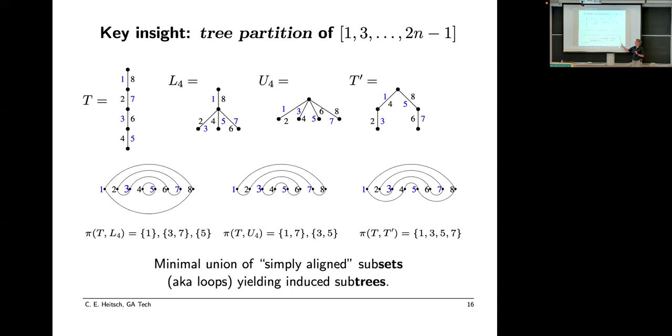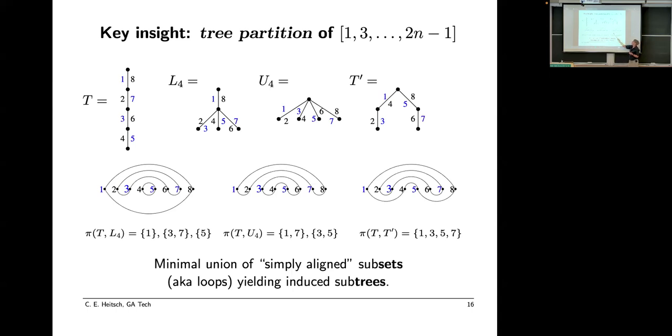And the reason for that is because I start with the simply aligned subsets, and then I have to ask what happens to the even edges. And the even edges are required to still be a connected subtree. So in the previous 2 examples, the stars basically did not trigger this constraint in any way.